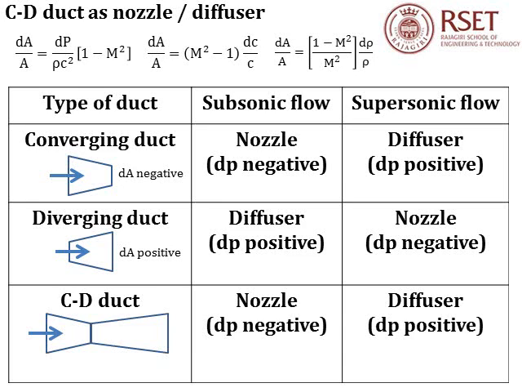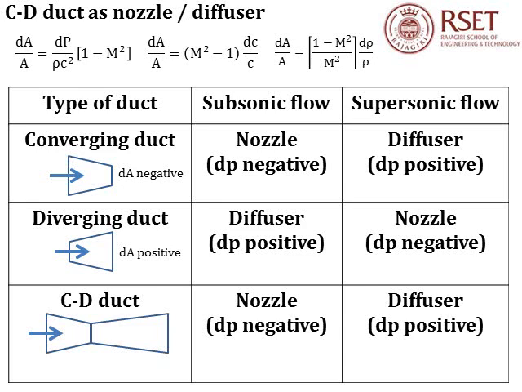To attain this, we should have subsonic flow in the converging duct so that it will act as a nozzle, and there should be supersonic flow in the diverging duct so that the diverging duct will act as a nozzle. If you are able to attain this, then the CD duct will act as a nozzle with continuous pressure drop.